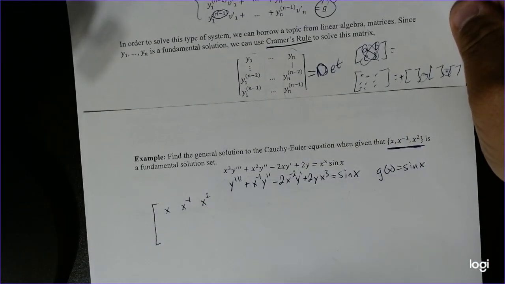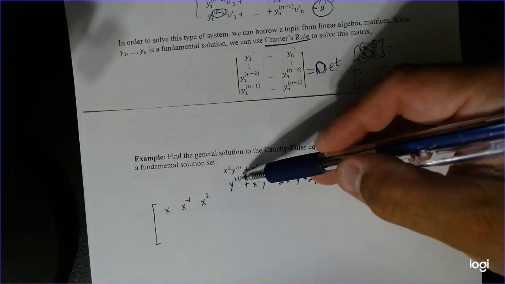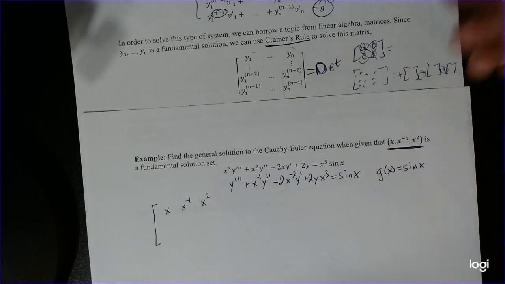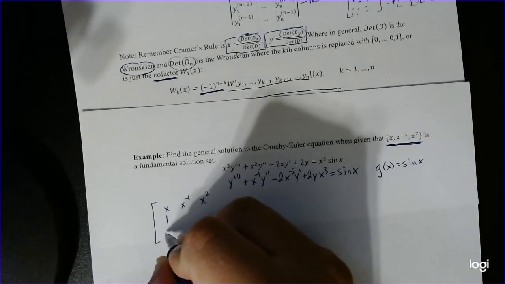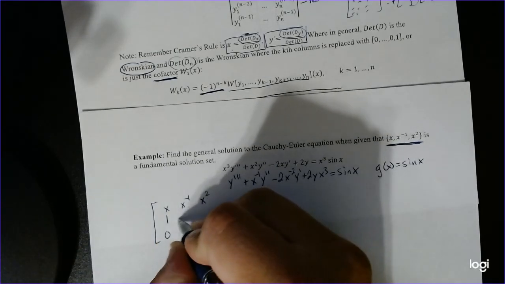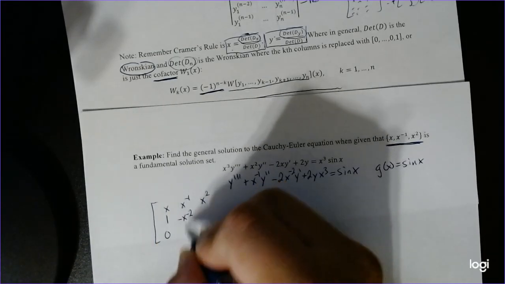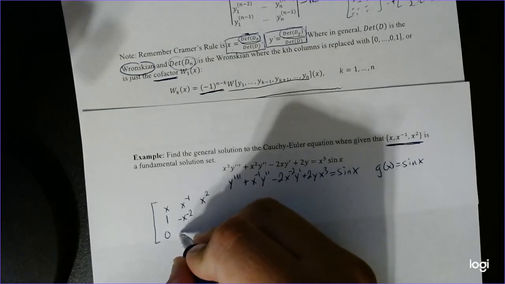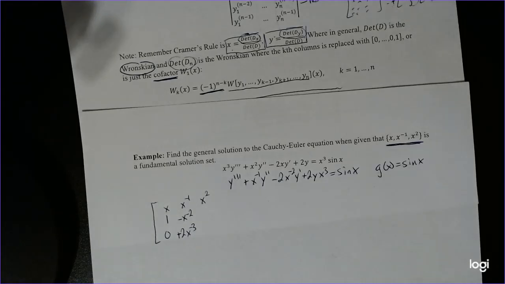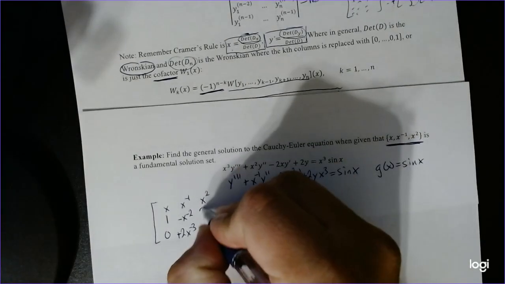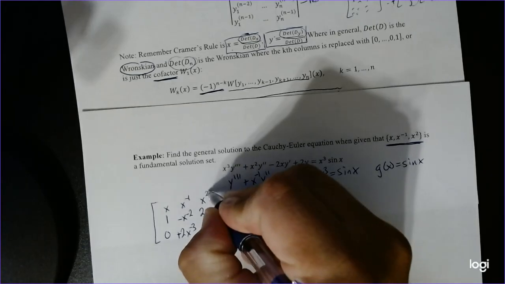That's why it's n minus 1, so we have 3, so 3 minus 1 is 2. So the derivative is 1, the derivative of that is going to be 0, the derivative of this is negative x to the negative 2 power, and the derivative again gives you positive 2x to the negative 3 power. Same thing here, 2x, 2.